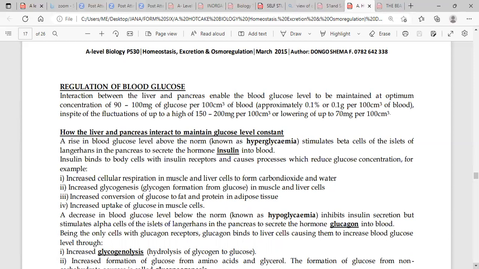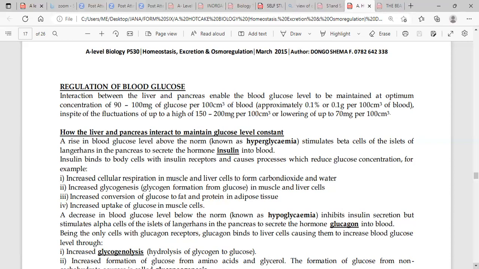If there is a rise in blood glucose level above the norm, a condition known as hyperglycemia, it stimulates the beta cells of the islets of Langerhans in the pancreas to secrete the hormone known as insulin into blood.